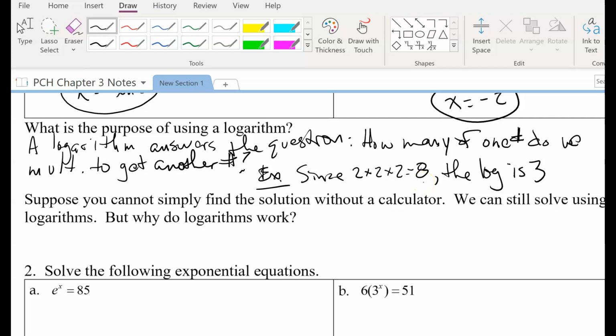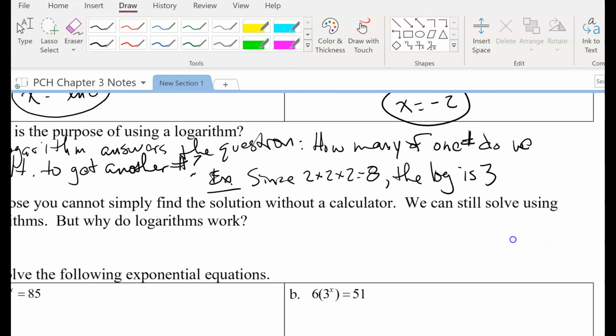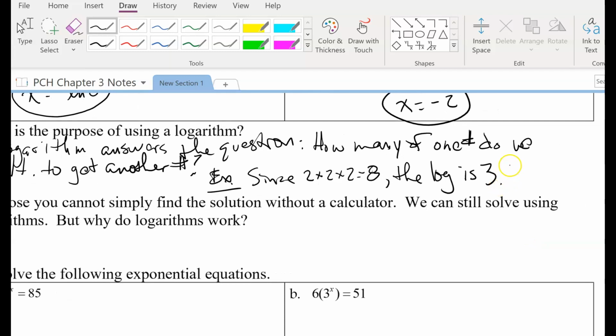Alright, so if I wanted to write this in log form, we would write this as the log base 2 of 8 is equal to 3. How many 2's do I have to multiply together to get 8?